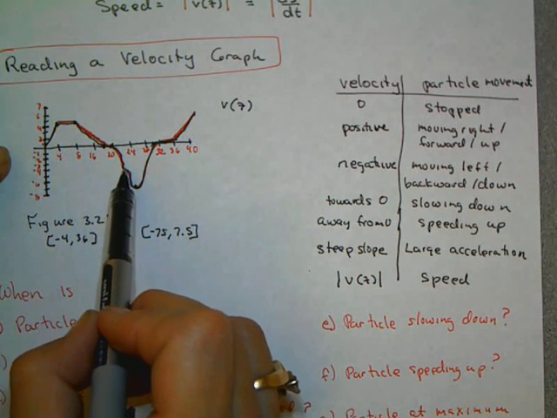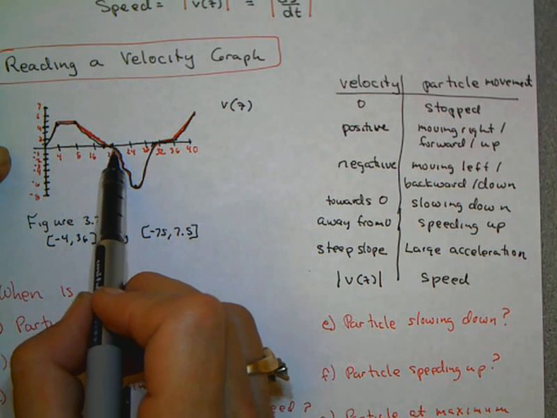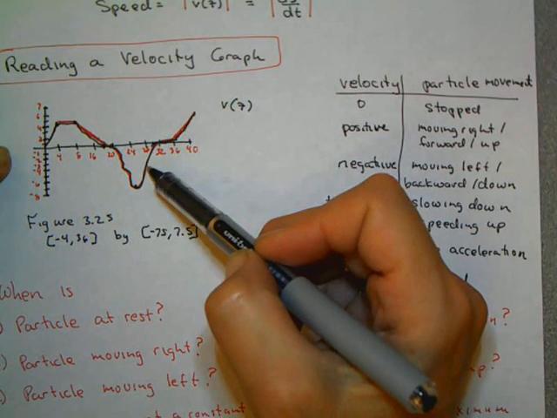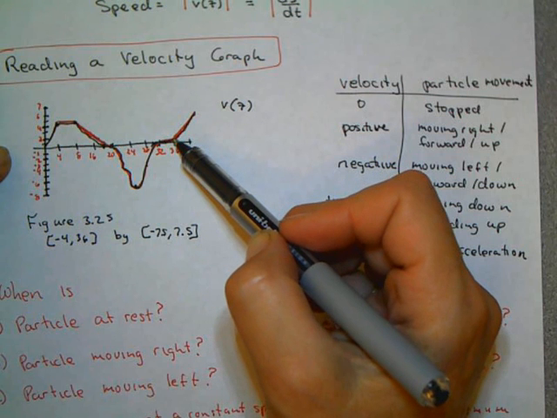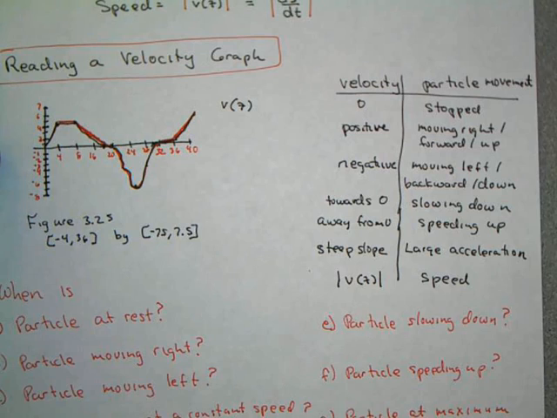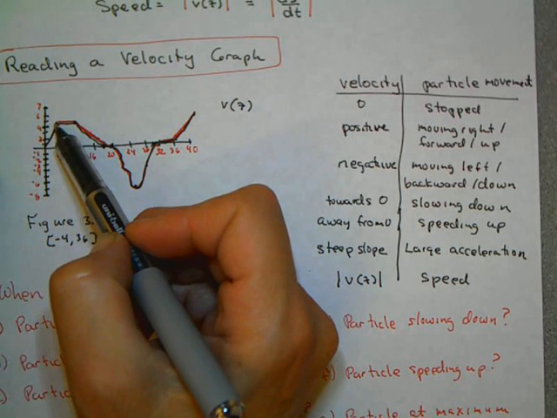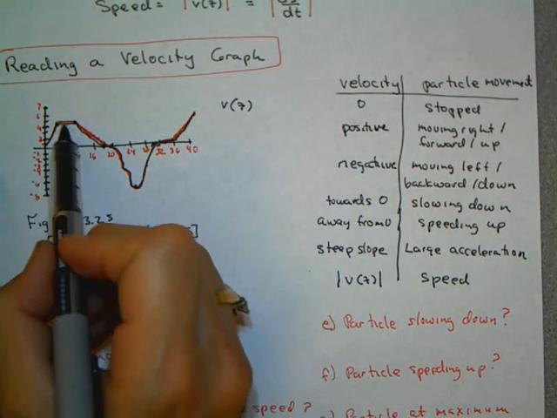If it's going towards 0 or towards the x-axis, you're going to the left, but you're decelerating, you're slowing down. If you're going away from 0, you're speeding up. Now, even though this is going down, you're still going faster, you're just going left. Here, we're getting towards 0, so we must be slowing down. Here, we're going away from 0, we're speeding up.